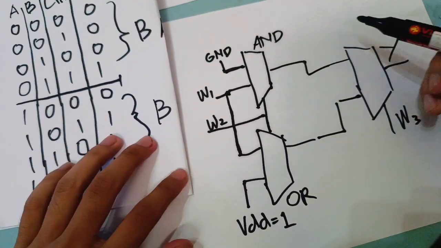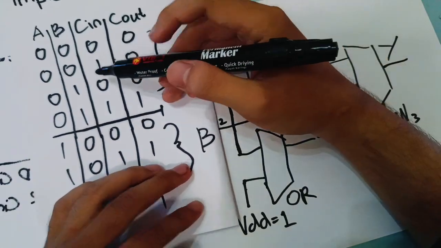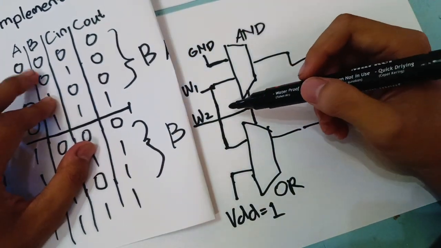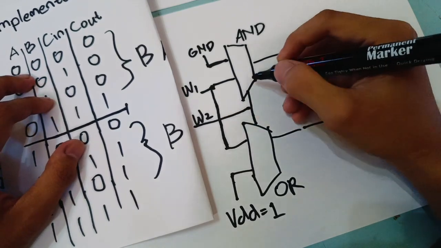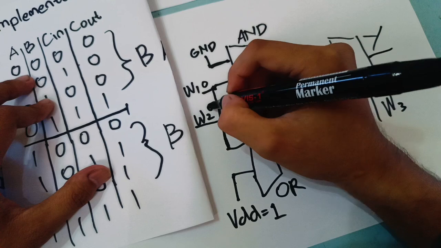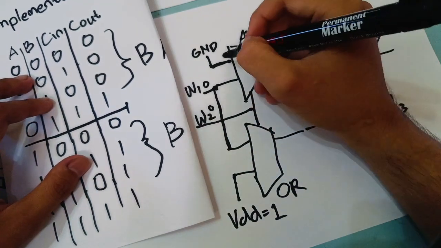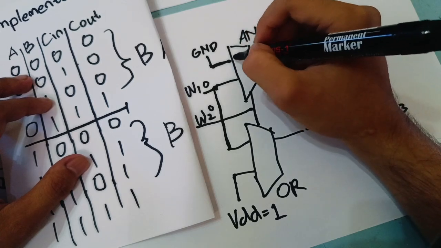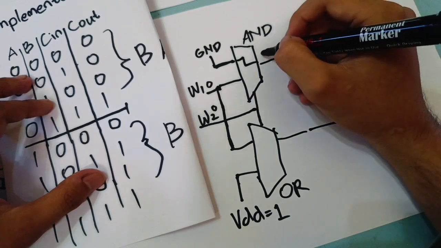When W1 is 0, that means C is 0, and then W2 is 0, which means B is 0. This is 0, 0. This mux will choose this input as the first input here. This will be like this, and then it will be 0.